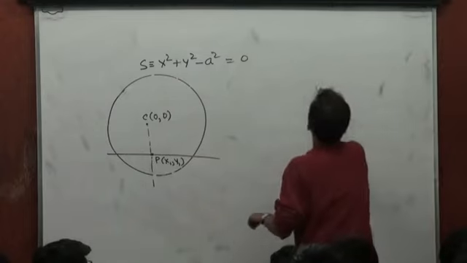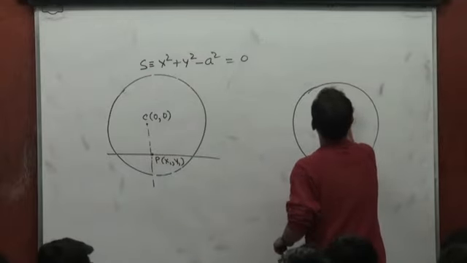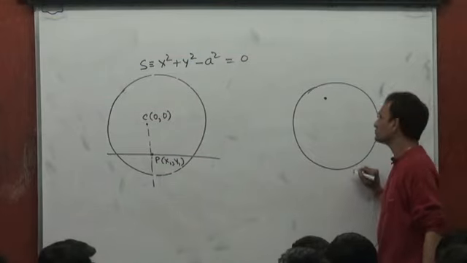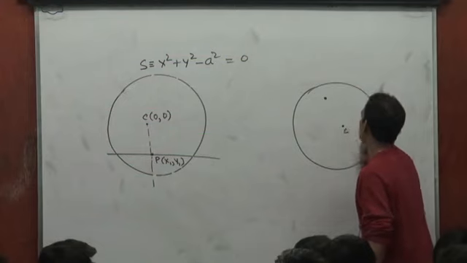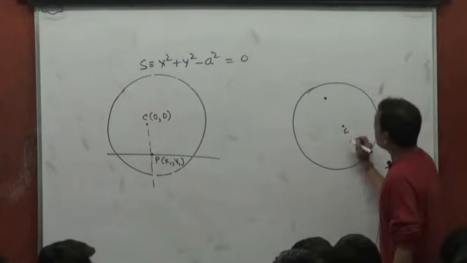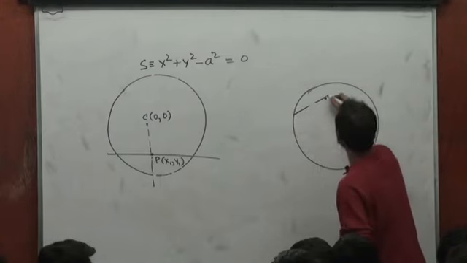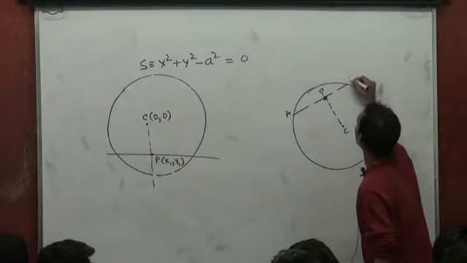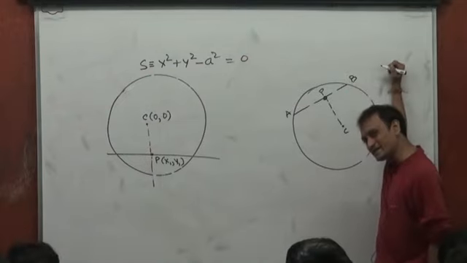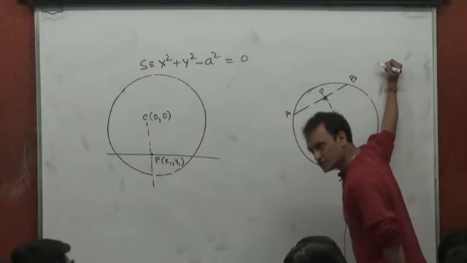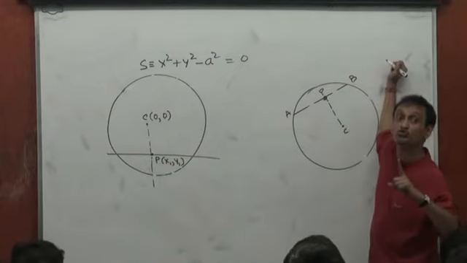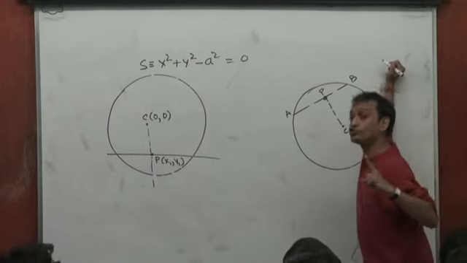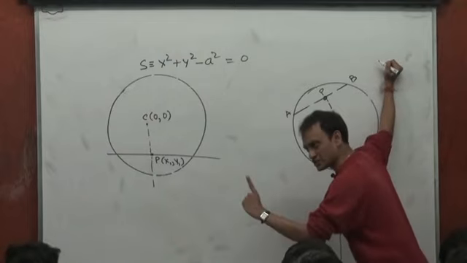If you take any point inside the circle, and this is the center of the circle, you can always draw a chord whose midpoint is P. For every point P inside the circle, a chord could be drawn whose midpoint is P, and exactly one chord could be drawn whose midpoint is a given point P inside the circle.